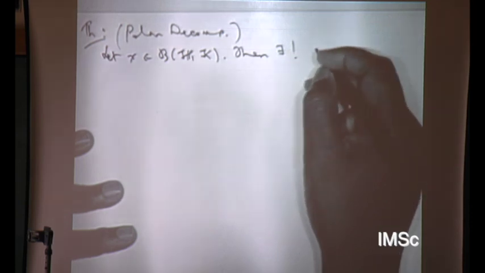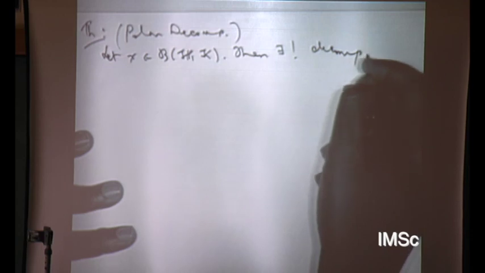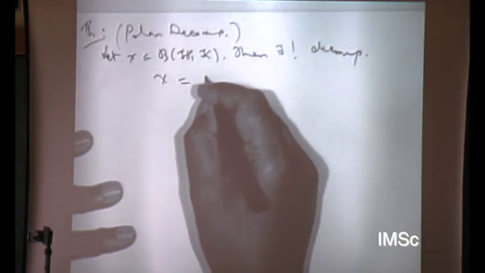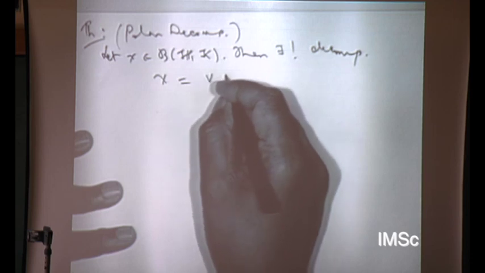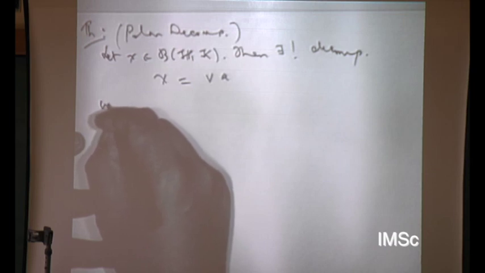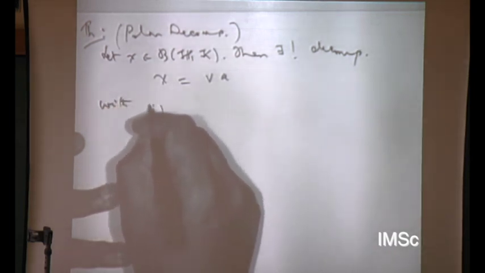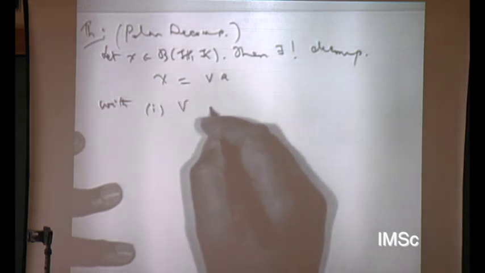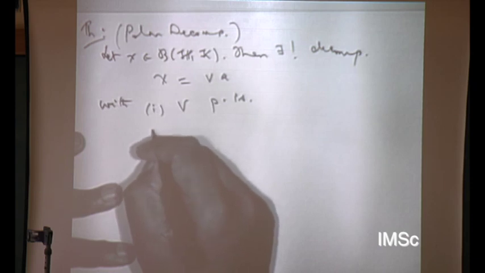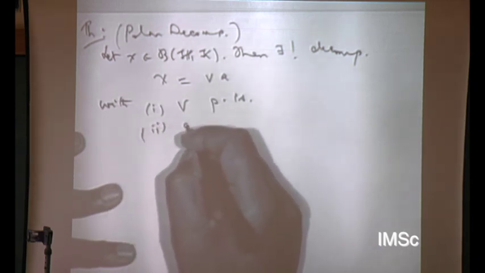Unique decomposition: x equal to v times a, where v is a partial isometry, a positive.